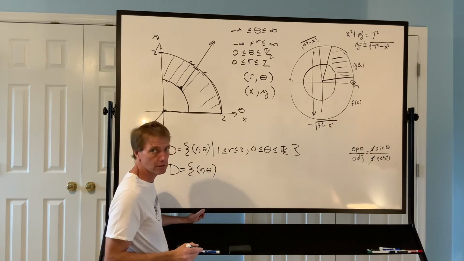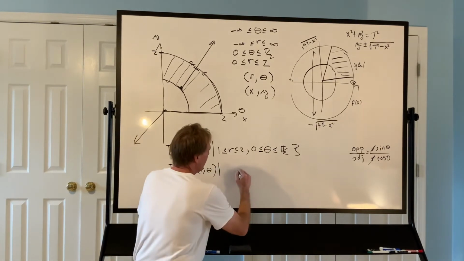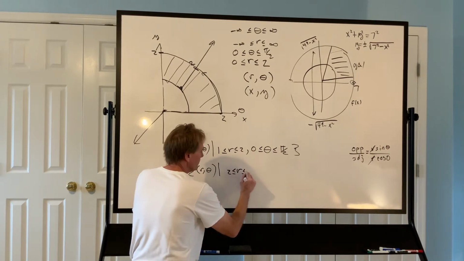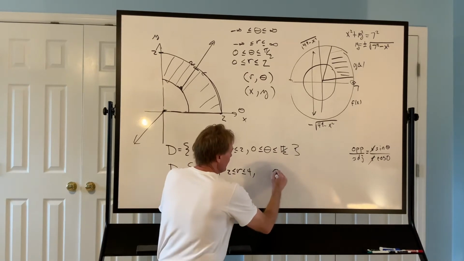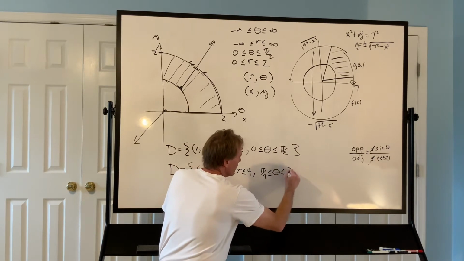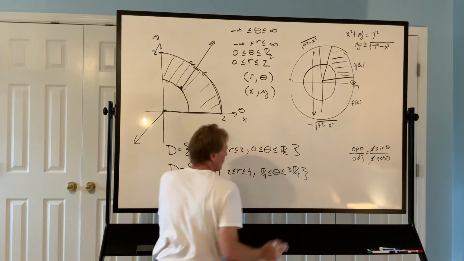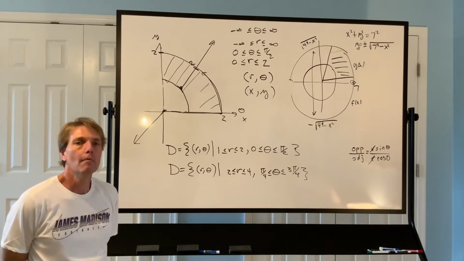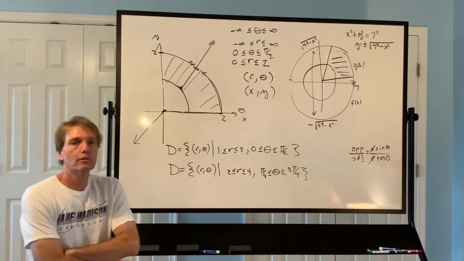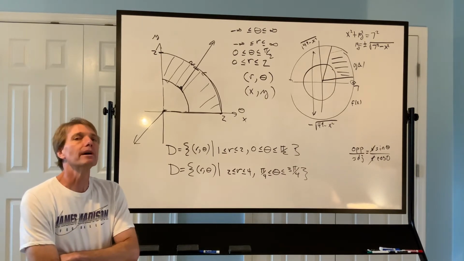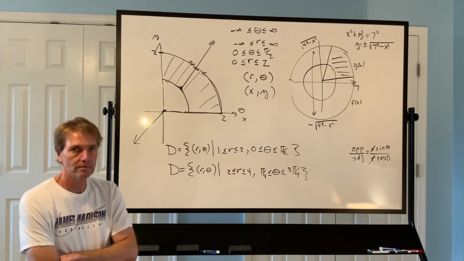These are not Cartesian coordinates, where r is running between 2 and 4, and theta is running between pi over 4 and 3 pi over 4. So my angular variable is running between pi over 4 and 3 pi over 4, and my radial variable is running between 2 and 4. Pause me and go try to draw that domain.